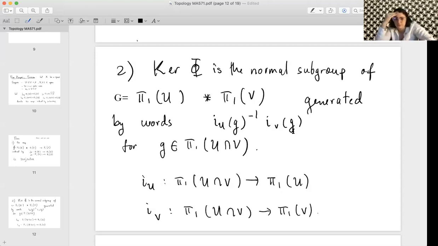And we think of it as you take the set, in this case these words i_U(g) inverse i_V(g) inverse. That's a set of words in this free product, right? You take that set and you consider all conjugates of this set by elements in G, and then you consider all possible products with these guys.